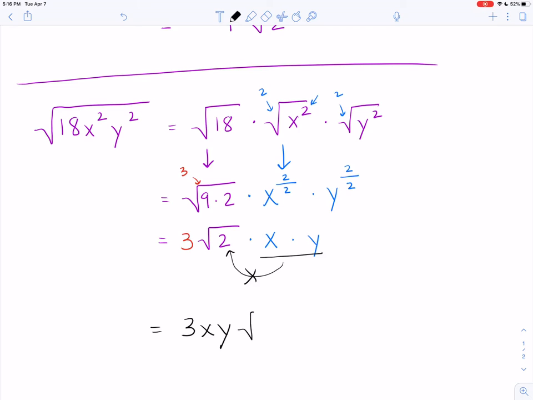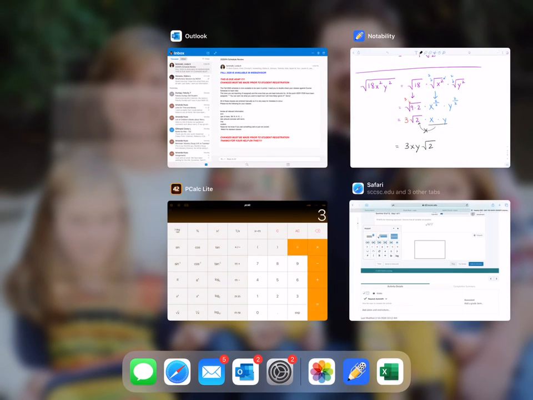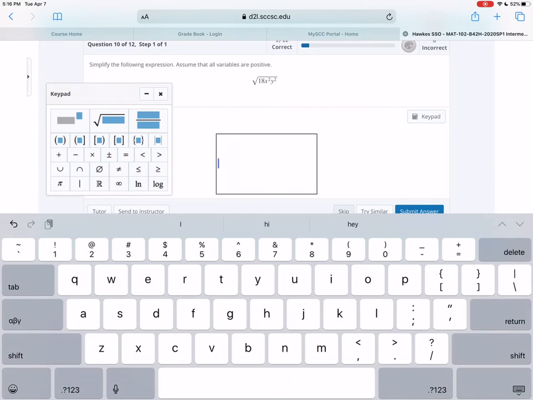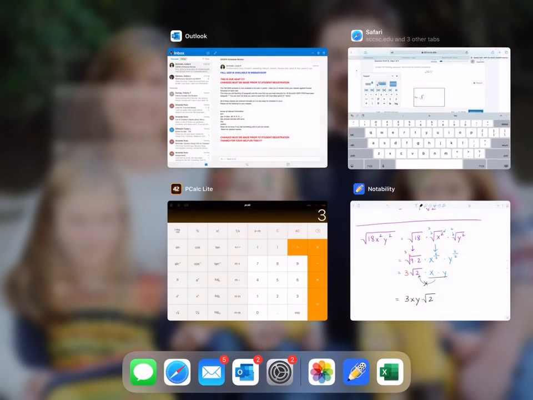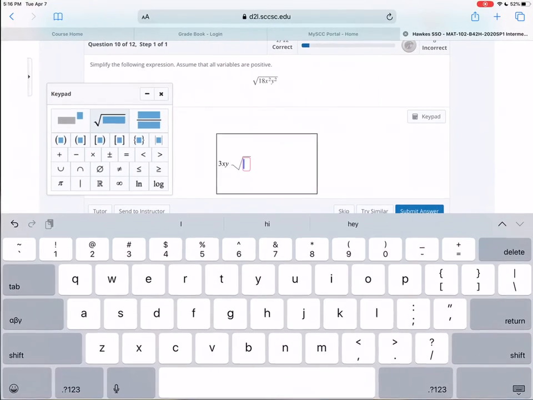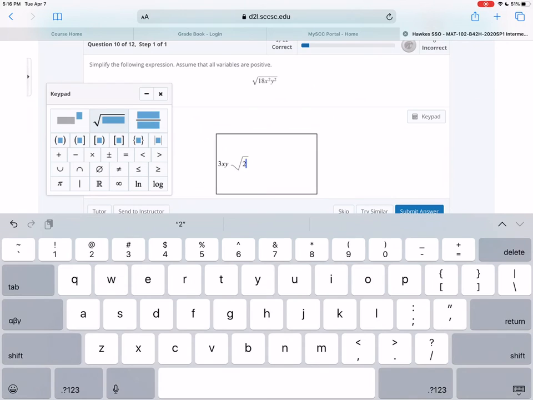And then everything that gets left under the radical, I leave here on the end. All right, so when I input my information here, I would enter the 3xy, and then I'm going to bring up the radical. I don't have to put a 2 in there because it will assume that it is the square root. Wouldn't be wrong if you did. And then what we're left with underneath that square root is a 2 as well.